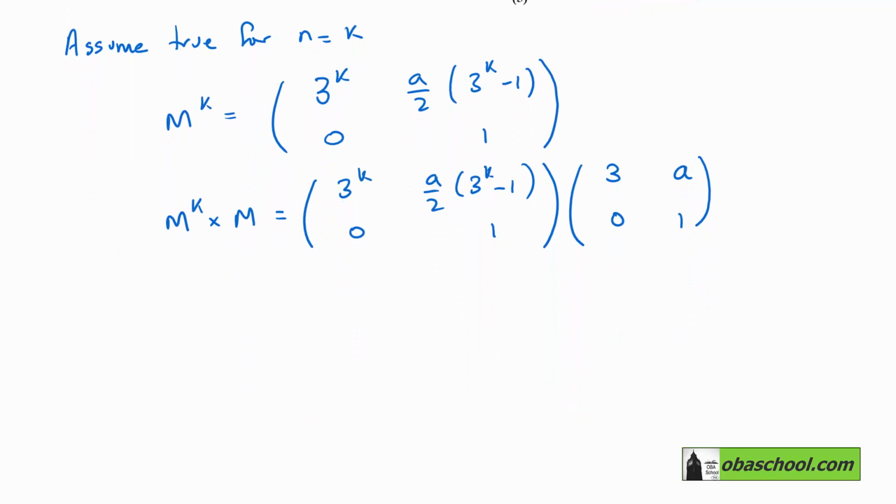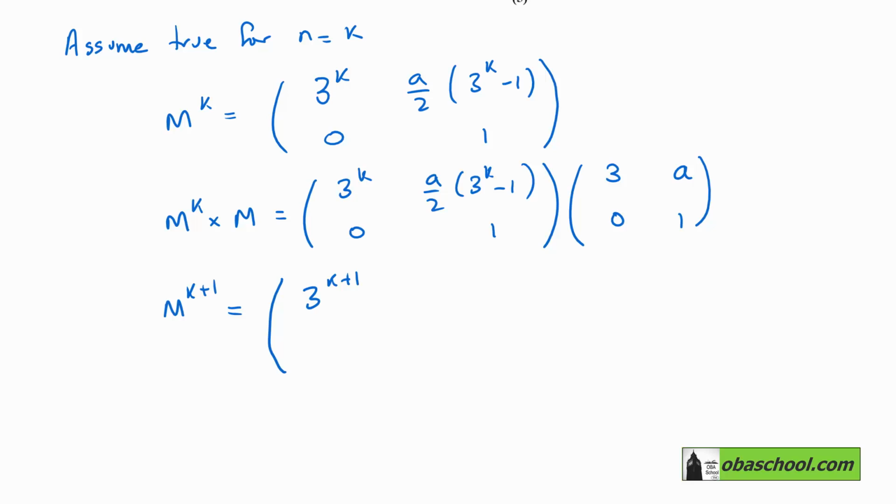Now the left-hand side of that is the next case, M to the k plus 1. Now, if we do the top times the left, we get 3 to the k plus 1. It's going to be 3 to the k times 3, and A over 2, 3 to the k take 1 times 0.